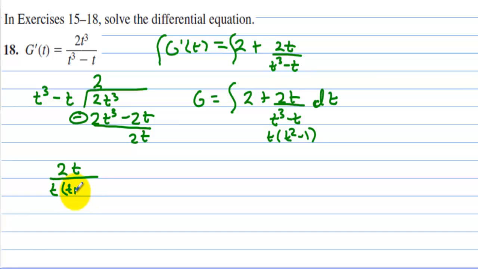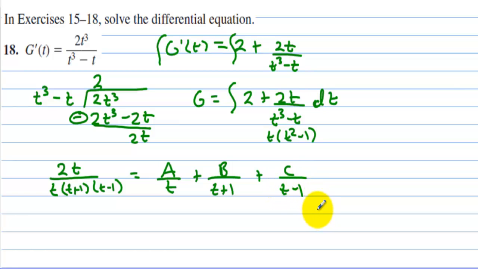So we have t plus 1, and we have t minus 1. That's going to be equal to a over t plus b over t plus 1 plus c over t minus 1. Let's get common denominators.